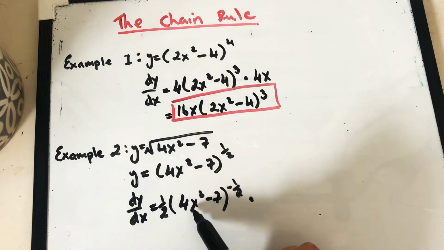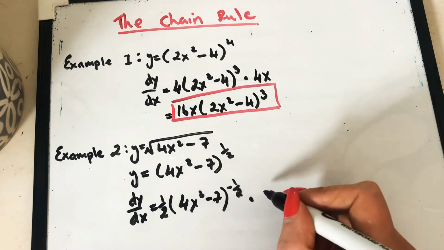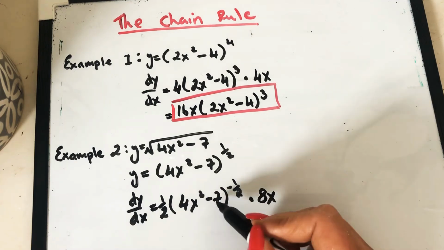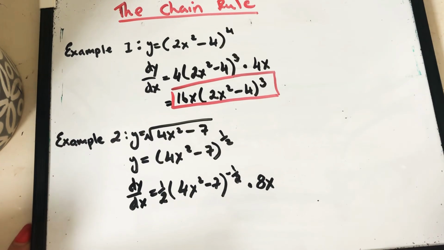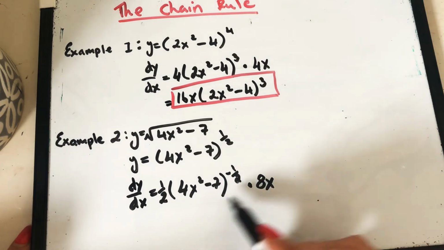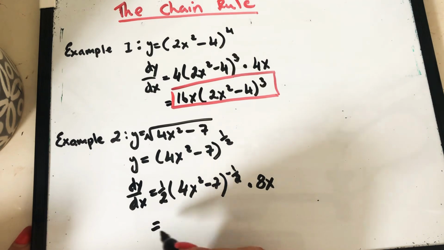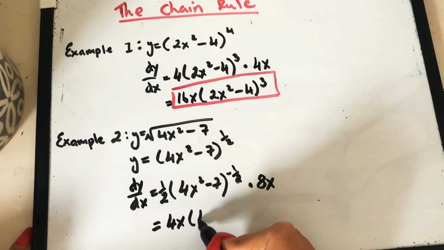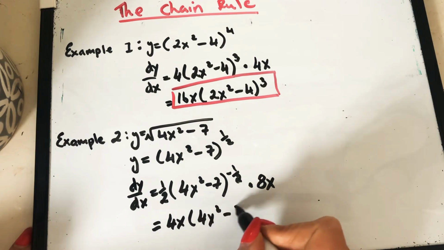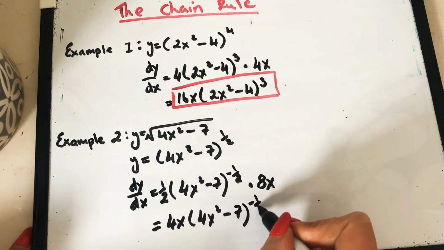So if we differentiate 4x squared, well, bring the 2 down in front to the 4 and multiply, it gives you 8x. And we know that constants go to 0. So let's multiply our 8x by the half here. And we get, well, a half by 8 is 4x. And we get 4x squared in here, and then it's power of negative a half.